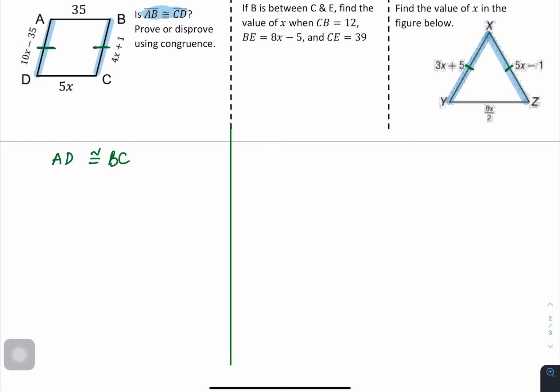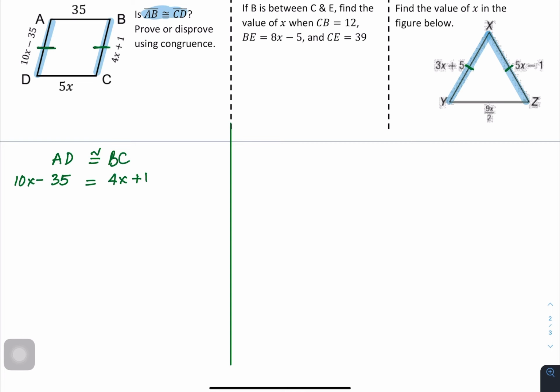The value of AD is 10x minus 35. It will equal the value of BC, which is 4x plus 1. This step gives me an equation with one variable, and we're very familiar with this already, so I'm just going to solve real fast for x.